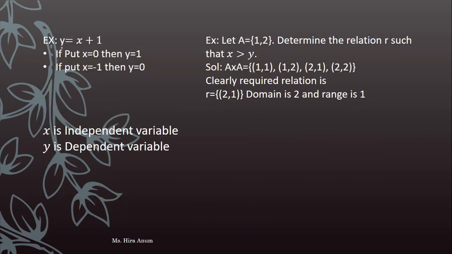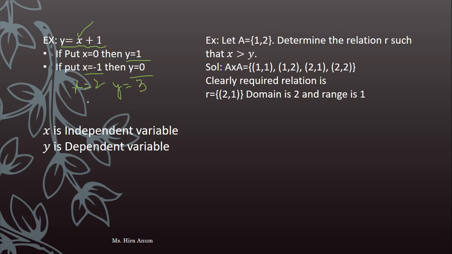We have the relation y equals x plus 1. When we change the value of x, it changes the value of y. Just like if we put x equals 0, y is 1. If we put x equals minus 1, then y is 0. If we put x equals 2, then y is 3.